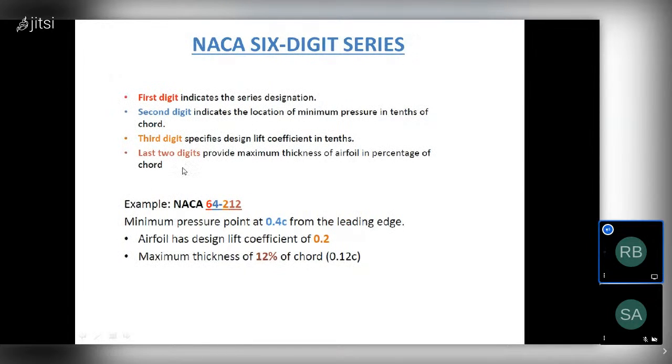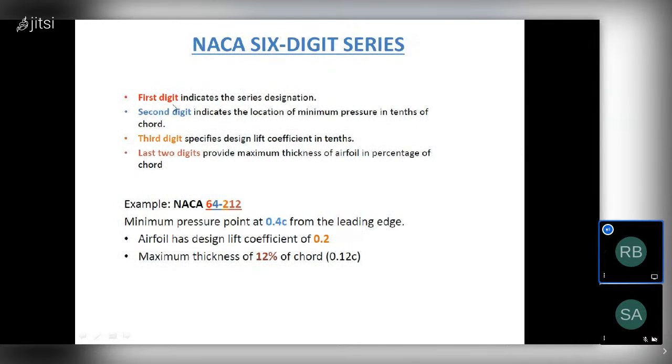Similarly, for the 6 digit aerofoil, that is NACA, some 2 digits, and after a gap you may get 3 numbers. If you see any such aerofoils with the 6 digit series, then the first digit, the 6, indicates the series design.